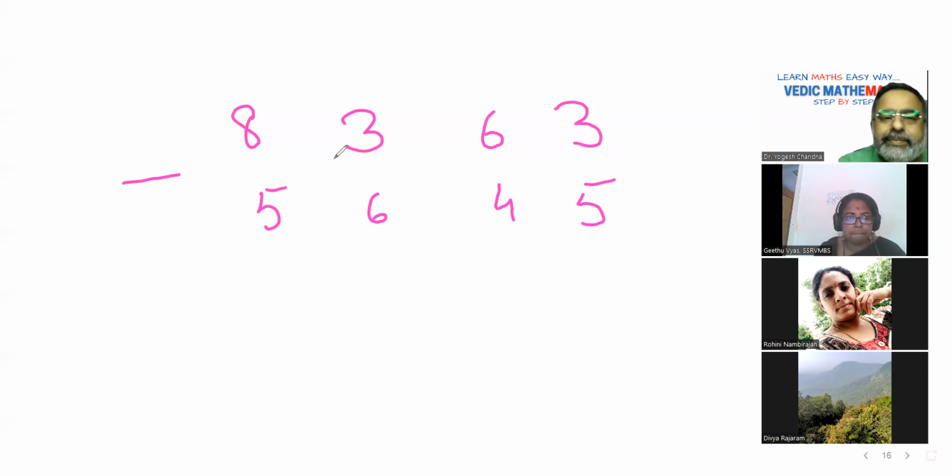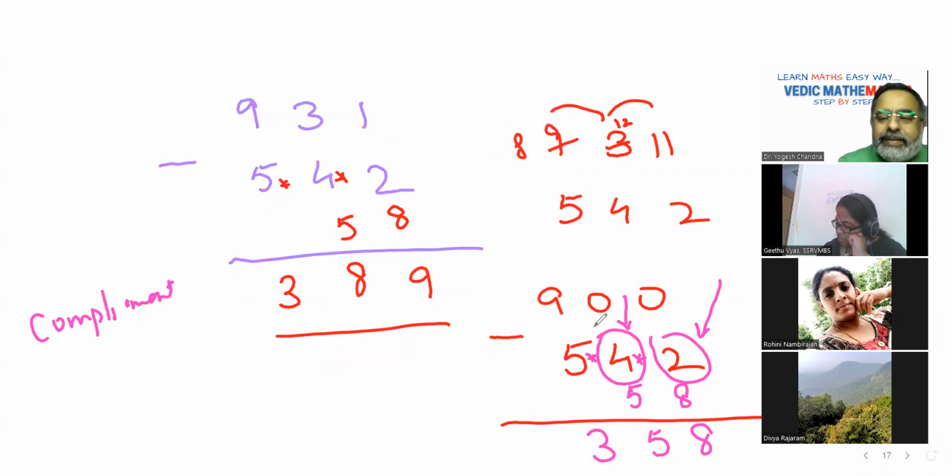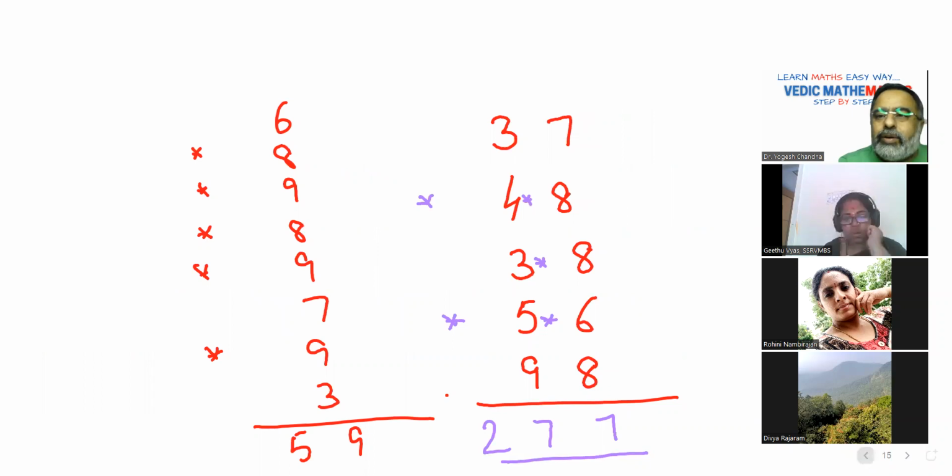So done. 2798. Any doubts you have? Any doubts? No, sir. So this was Shuddha method of subtraction.